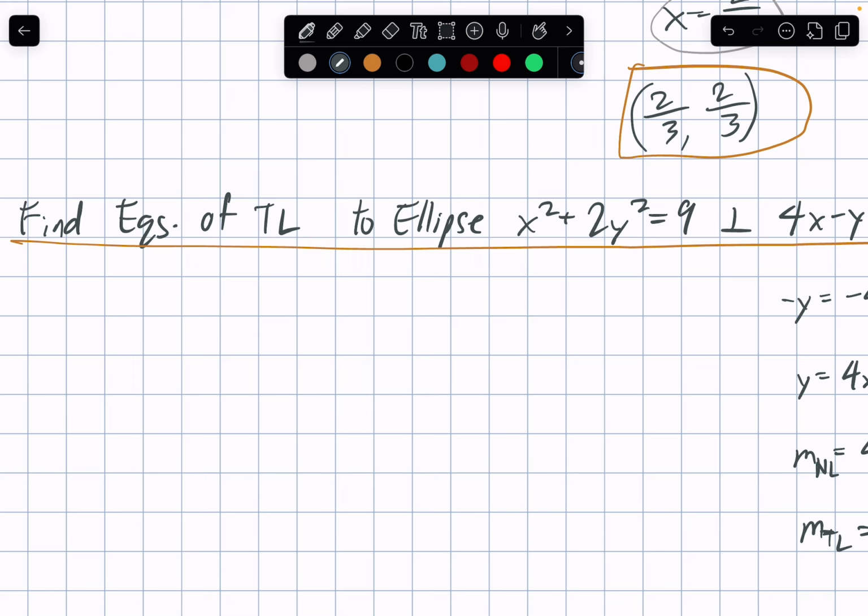So yeah, before deriving, let's rewrite the equation like this. Divide both sides by 2.